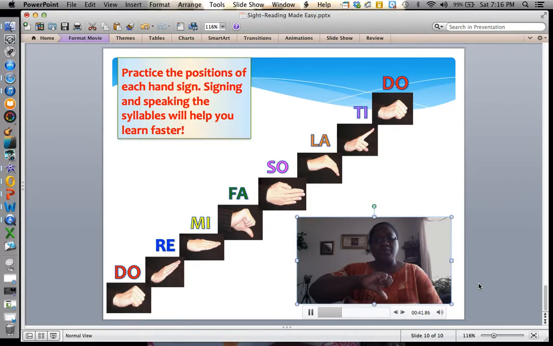Fa, thumb going down, showing the back side of your hand to the audience. La is cupped. Ti is like you're pointing both fingers upward. Do. Do, re, mi, fa, sol, la, ti, do.